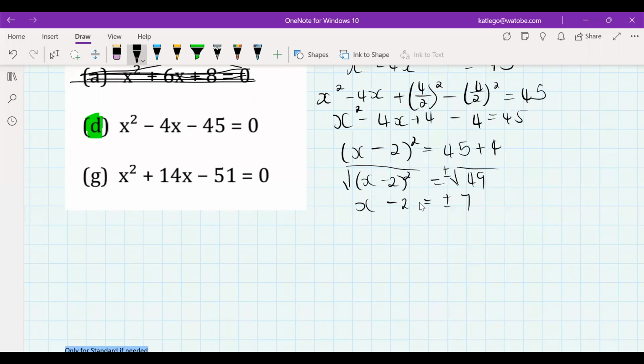Therefore, x is equal to negative 2 going over to the other side, so it's positive 2 plus 7, or x is positive 2 minus 7. So x is equal to 9, or x equals negative 5. Whoever said 9 or negative 5, we got it.